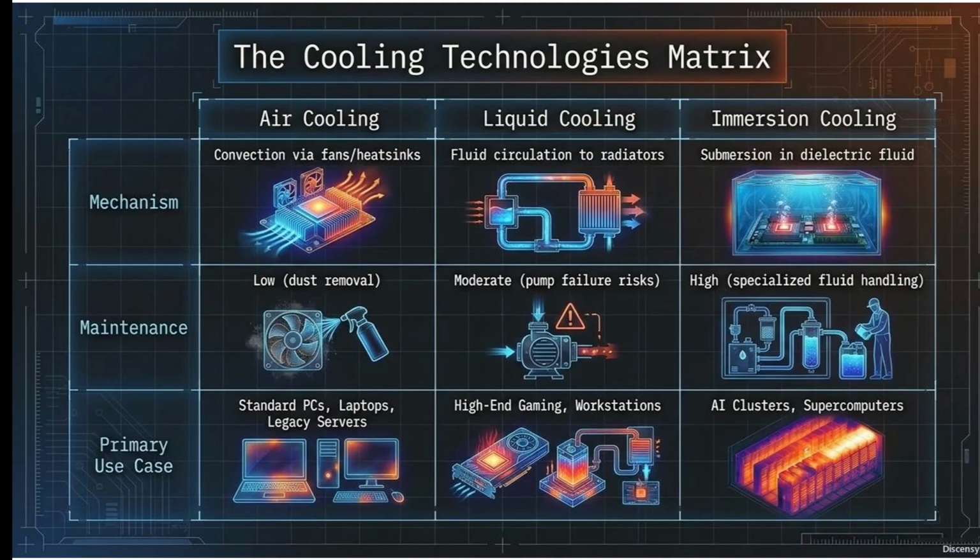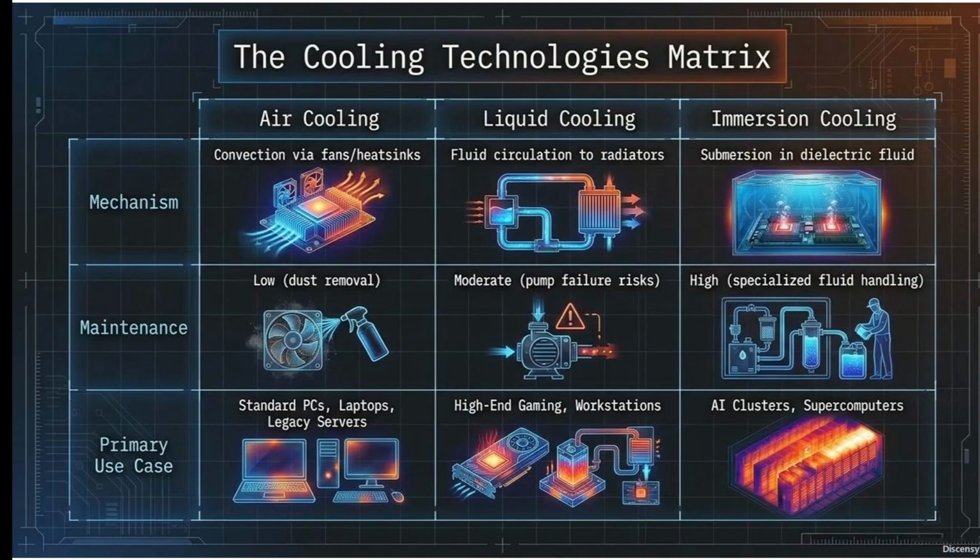Maintenance. The air cooling maintenance is low, where we just need to remove the dust manually or using some sort of paste. And for liquid cooling, there is a problem of pump failure risk, where if the pump doesn't work and doesn't circulate, then the cooling system doesn't work, right?